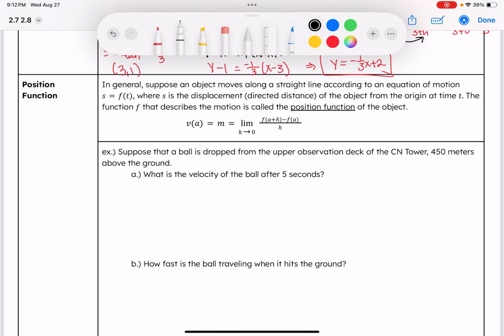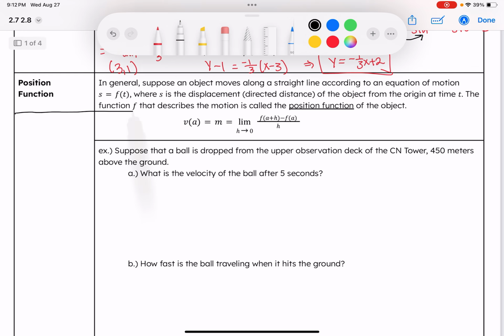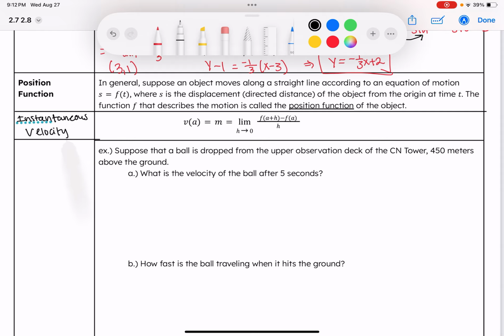Now what I want you to do is, I should have had a line that splits that here, and same thing here. This is your instantaneous velocity.